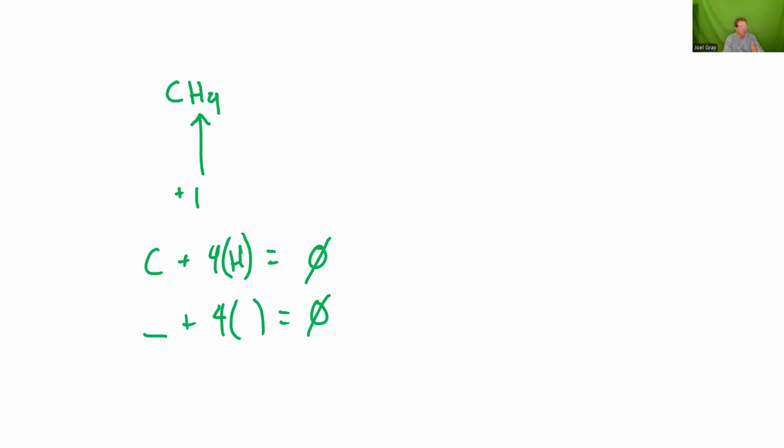Well, if I look in row 1 of the periodic table where I find hydrogen, I see that that is +1, or I know that my group 1 elements are +1. What is the charge of carbon in a molecule of CH4? What do I have to put right here in order? Perfect! -4.